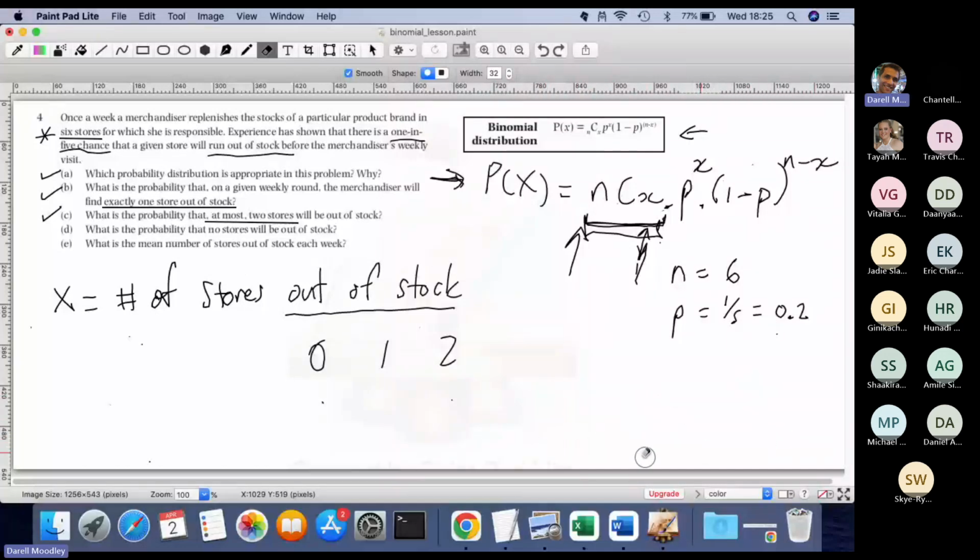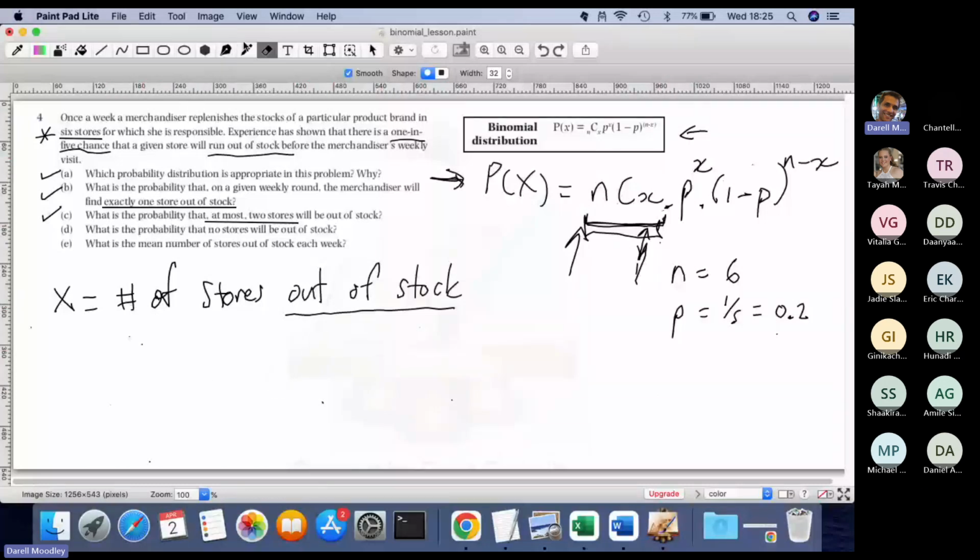If you look at what we declared X as, X is the number of stores being out of stock. Question D is asking, what is the probability that no stores will be out of stock? So they're saying, find the probability that X is 0. That is no stores being out of stock.